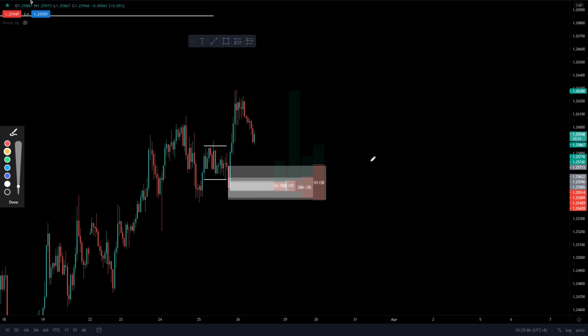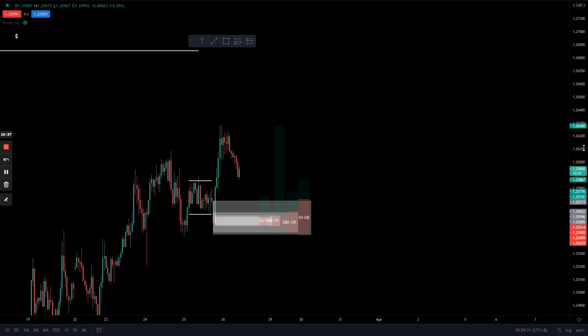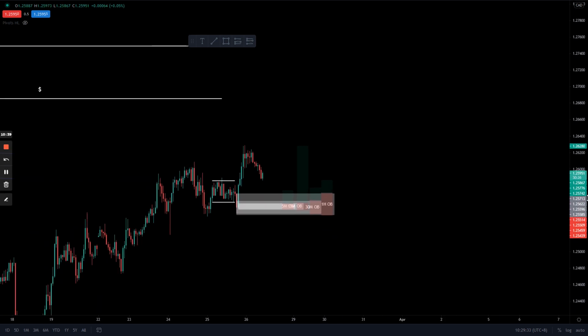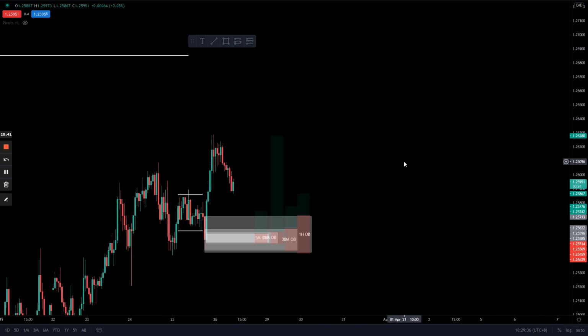I think the one that looks the most logical would be the 30 minute, 15 minute entry, because the 5 minute entry as compared to the 15 minute entry is not that much of a difference, though the 15 and the 30 have a pretty drastic difference. So we will most likely be entering into the 15 minute and the 30 minute.